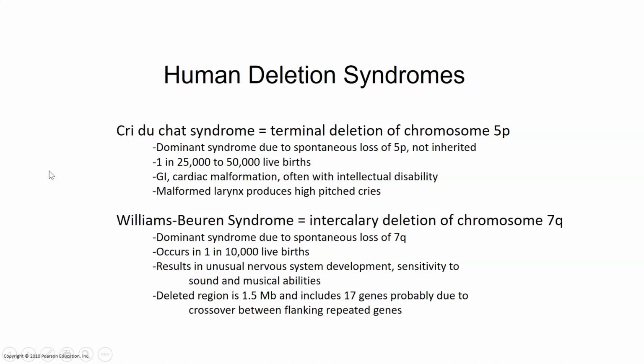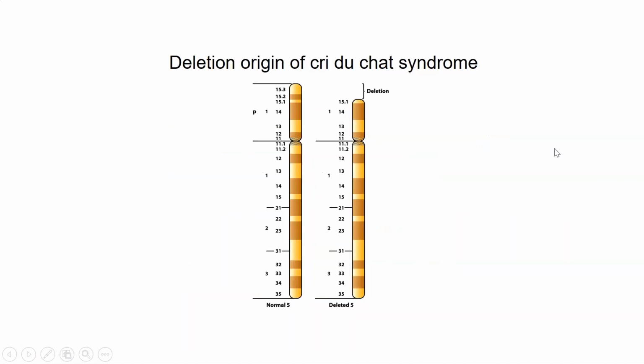So that's Cri-du-chat syndrome. There are other deletion syndromes, but I will not discuss them this time. This just illustrates the deletion that's present. So it's a small portion of the end of the small arm of chromosome 5.